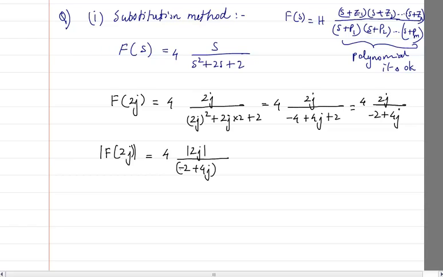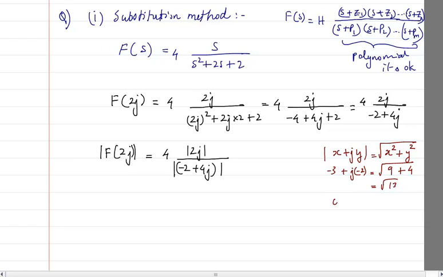Generally, if you are taking the magnitude of some x plus jy, the equation is the square root of the real part square plus the imaginary part square. So for minus 3 plus j times minus 2, I will write minus 3 square, which is 9, plus 2 square, which is 4. So it will be under root of 13.